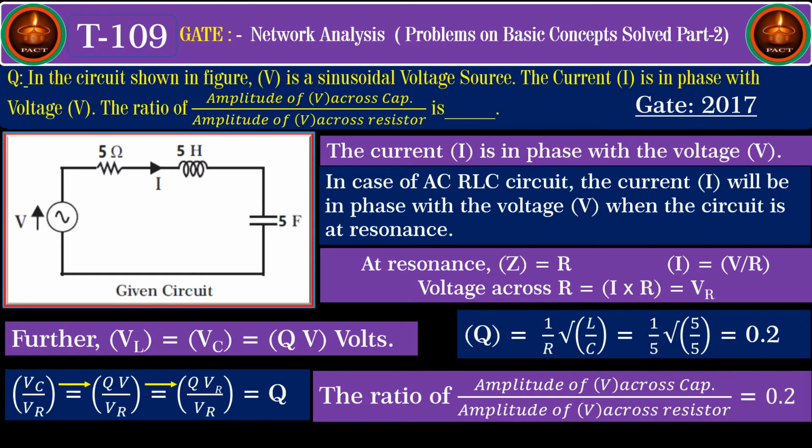So, the ratio of the amplitude of the voltage across the capacitance Vc to the amplitude of the voltage across R is equal to 0.2. Very simple, isn't it?